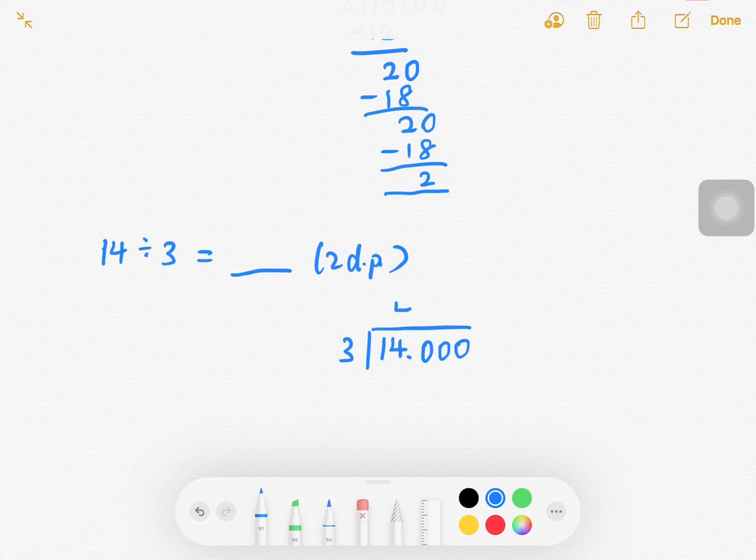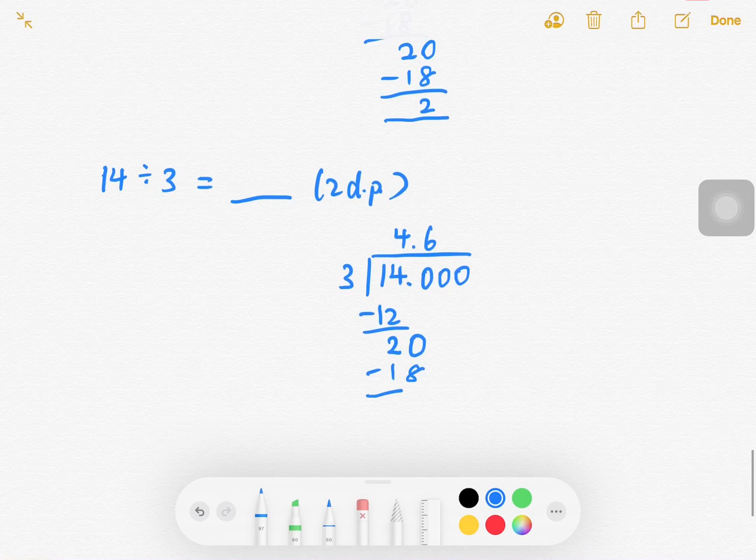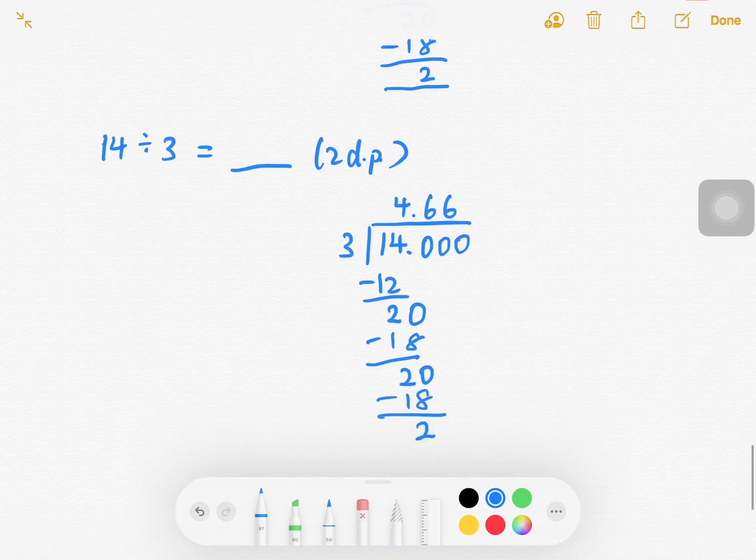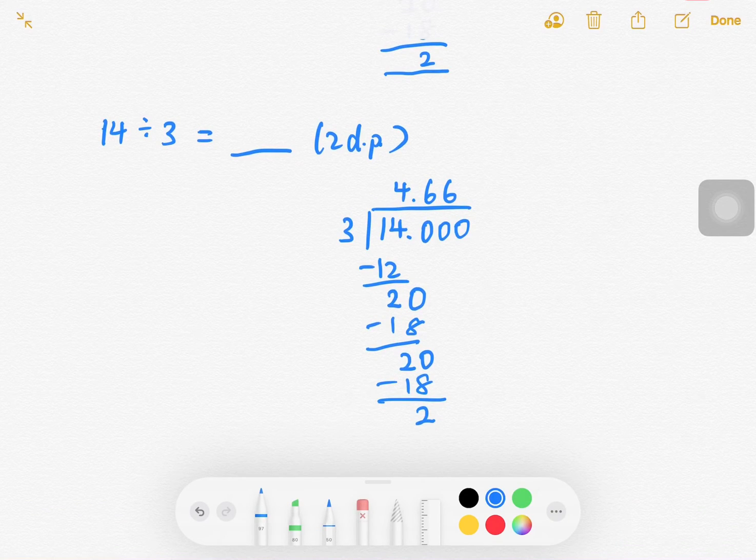So the same thing goes, 4 times 3 is 12, I minus 12, I get a remainder of 2. Don't forget your decimal point. 20 divided by 3 is 6, minus 18, same thing, I get a remainder of 2. Continue, I bring down the 0, I have 6 times 3 is 18, I get a remainder of 2 again, and I have to continue with one more place value.